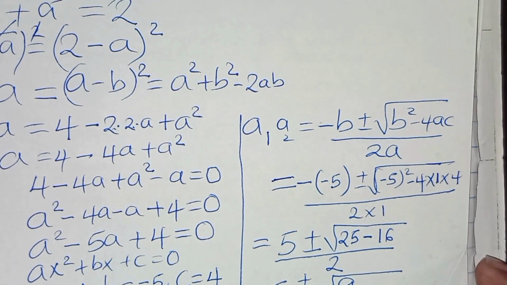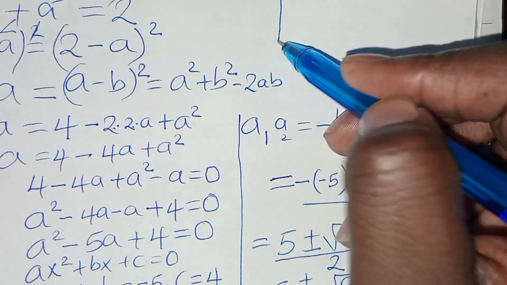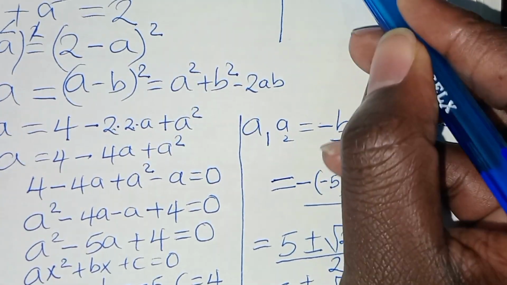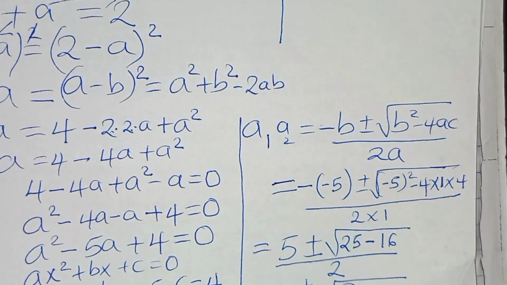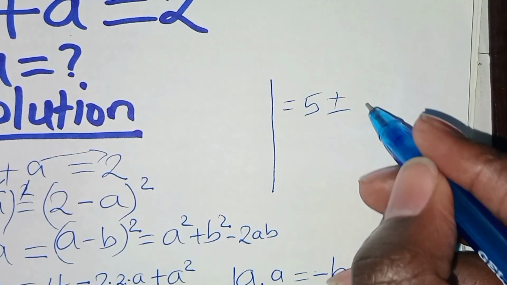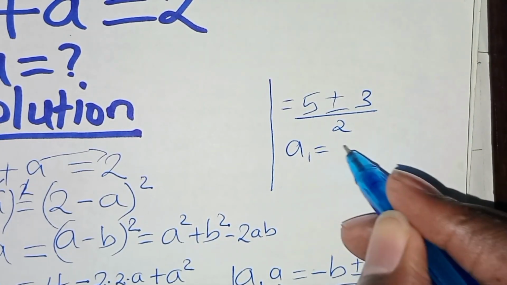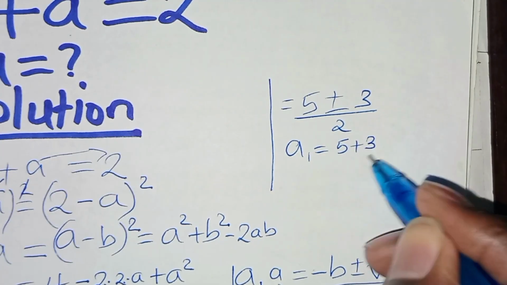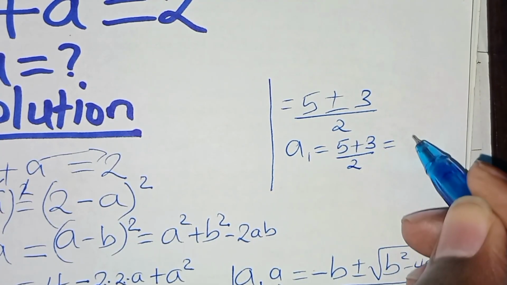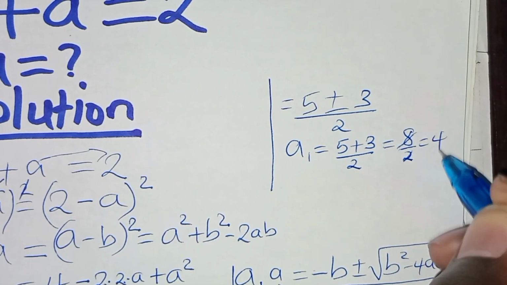So from here, we'll have 5 plus or minus the square root of 9, and the square root of 9 is 3, divided by 2. So A1 is equal to 5 plus 3 divided by 2, the same thing as 8 divided by 2, which is equal to 4.